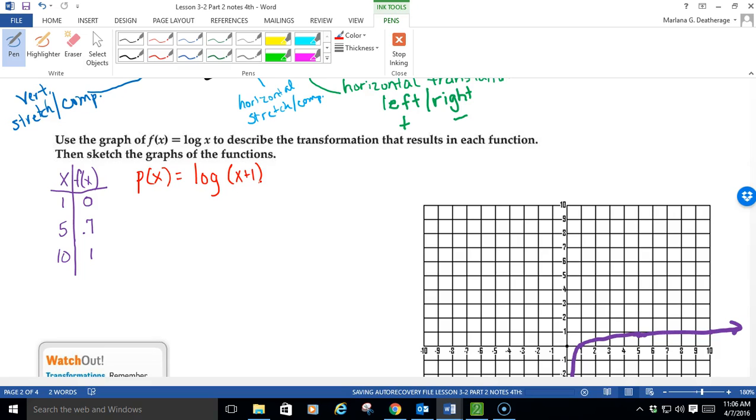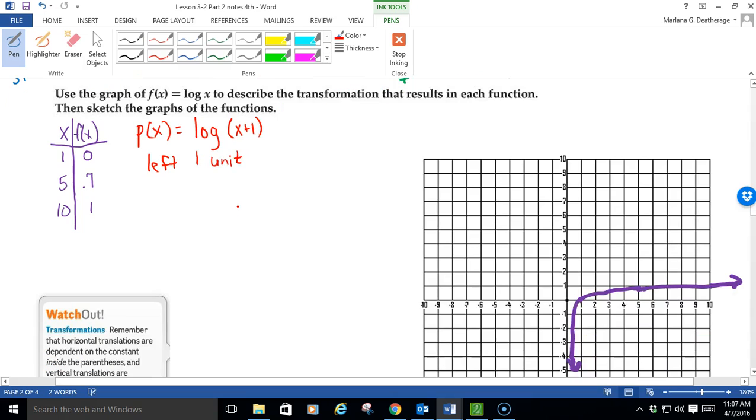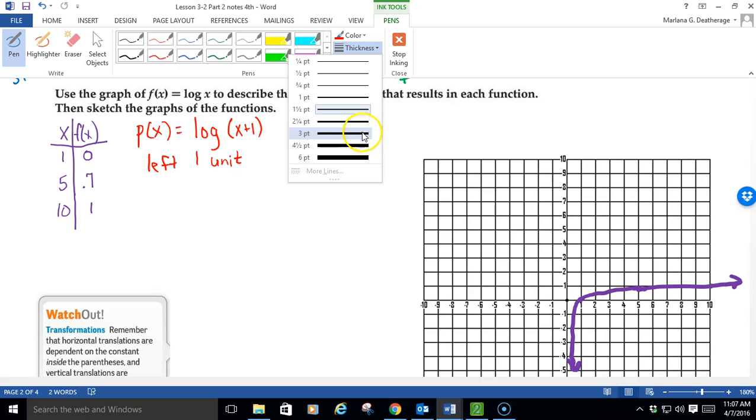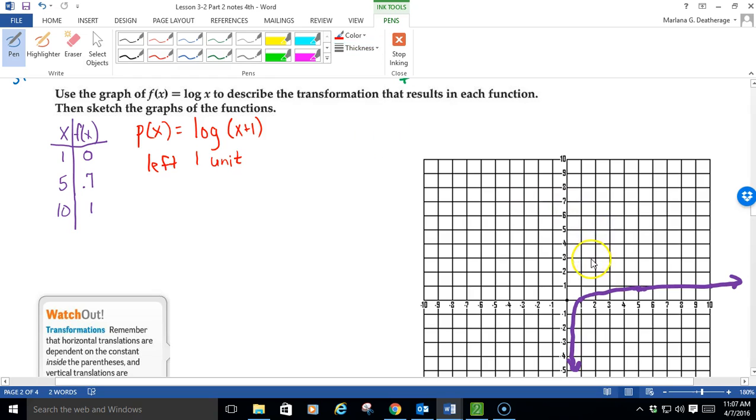All right, so how many transformations do you see of the original? 1. And it's this plus 1 right here. So what does that plus 1 inside mean? It's going to go to the left how many units? 1. So rather than make a table, let's just move each point to the left 1 unit. So our x-intercept is going to change.